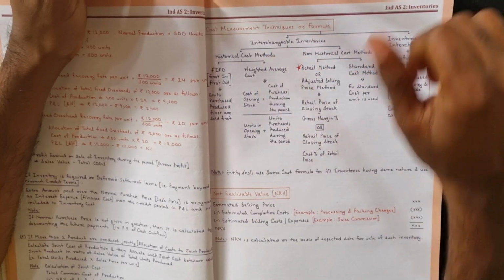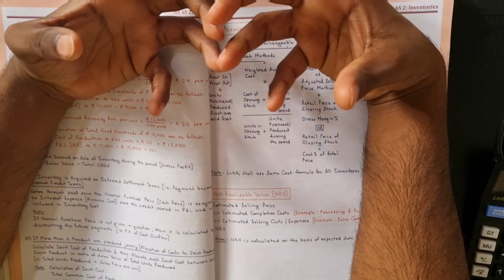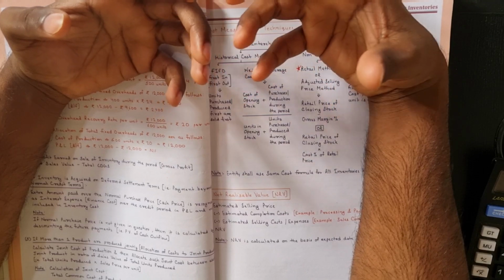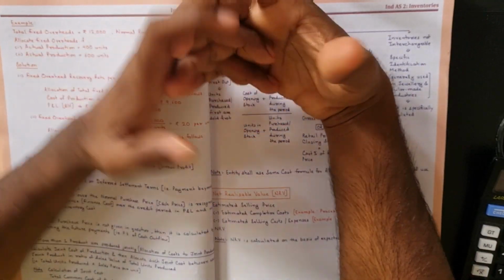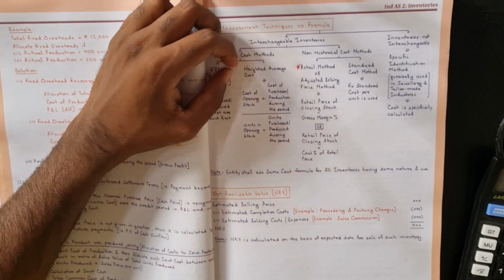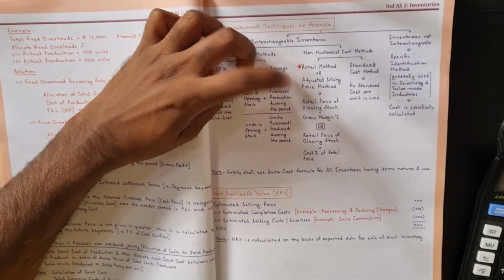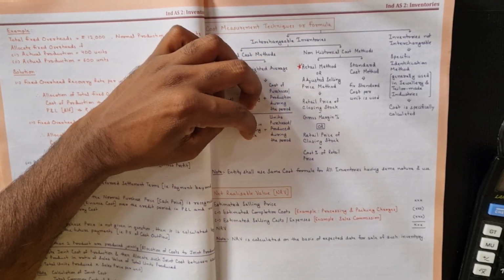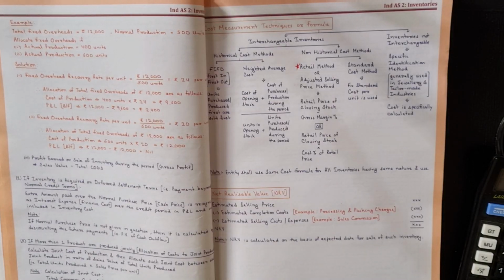But in weighted average, you will take a common cost of yesterday's bread and today's bread, and then for 13 rupees you will sell it. How do we calculate it? It is easy: cost of opening stock plus cost of purchase or production, divided by units in opening stock plus units purchased. You will get a figure.